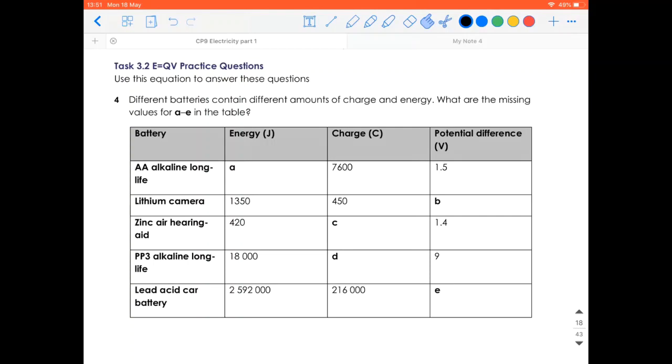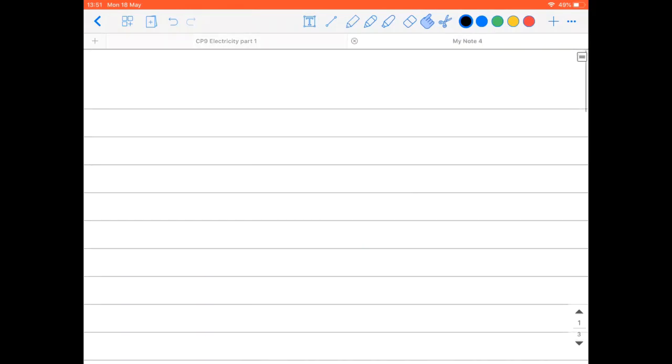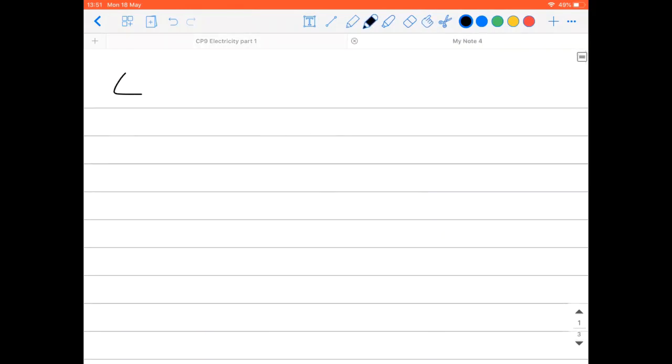So question 4 part A is for the AA alkaline long life battery. Let's quickly put that onto here.